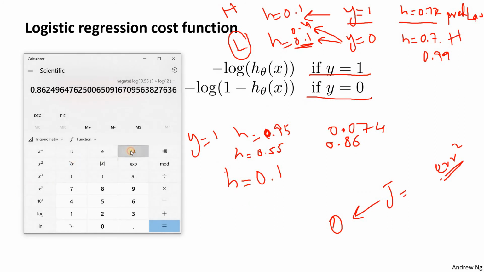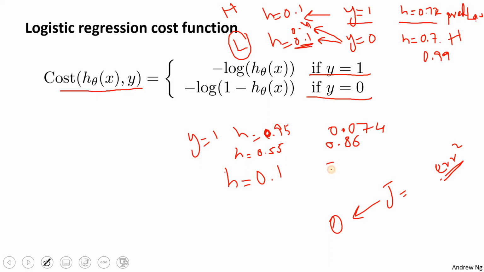When y is 1 and h is 0.1, I take the log of it, negate it because of the minus, and then divide it by log of 2. That will give me the answer in log 2. The error value this time I am getting is 3.32.